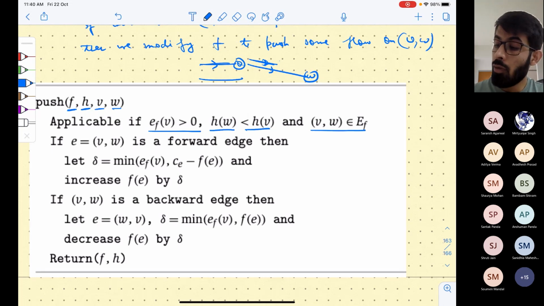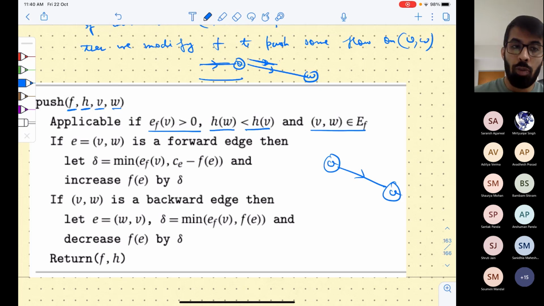So if VW is a forward edge, then we need to increase the flow. Remember from earlier that if it is a forward edge, we increase the flow. If it is a backward edge, then we decrease the flow on that edge, right? On the edge in the graph for which it is a forward or backward edge.